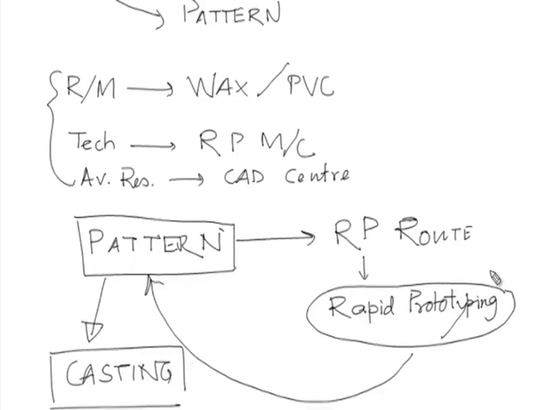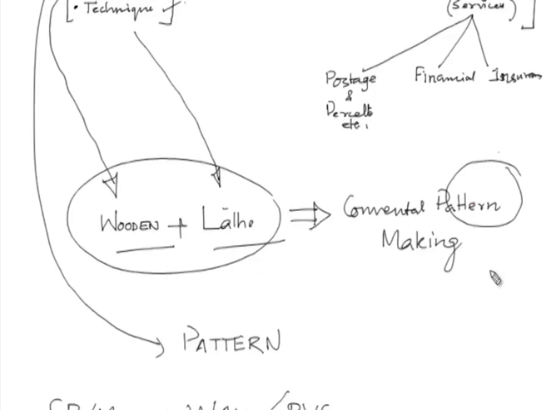On the other hand, if I have wood and a lathe machine, then probably the same pattern I can produce to be used again for the same casting process, but I am following a different route, a different manufacturing process. Thus, this explains how different requirements, different available resources, and different available techniques can influence the process of manufacturing the same product.